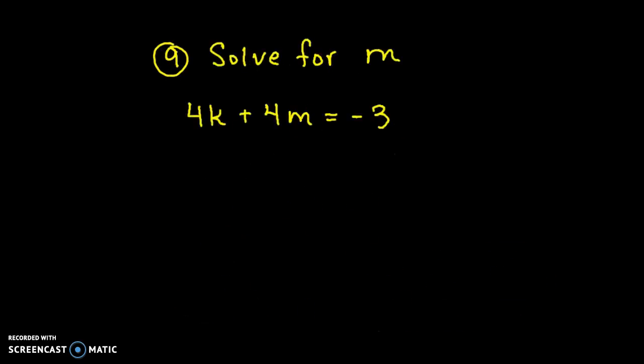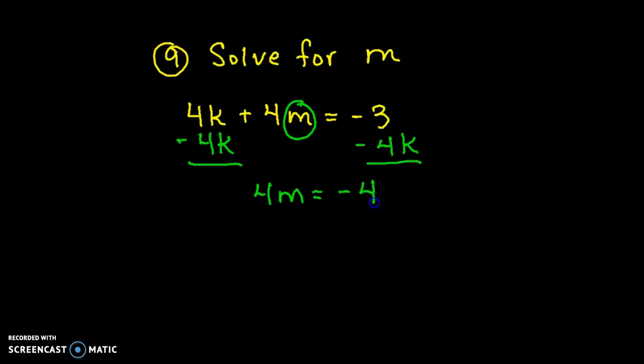Okay. Number 9, we're solving for m. When I solve for m, I'm going to subtract 4k from both sides. And I've got 4m is going to be equal to negative 4k minus 3. And now I'm going to divide by 4.